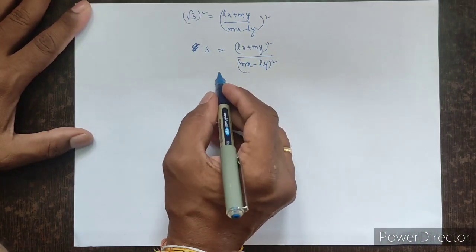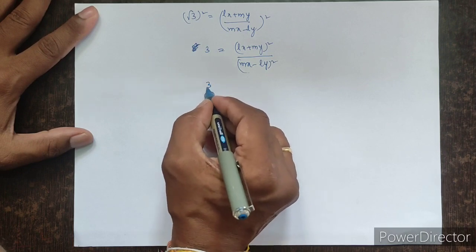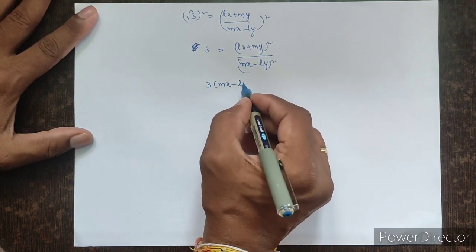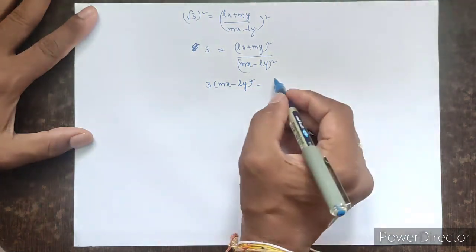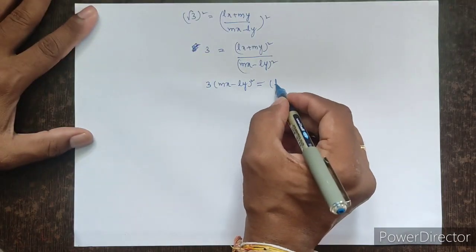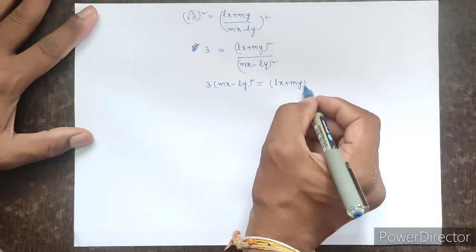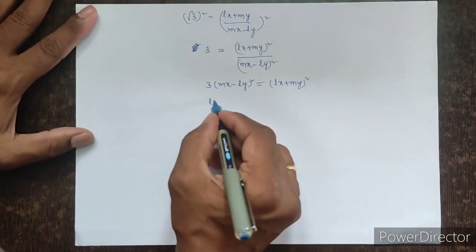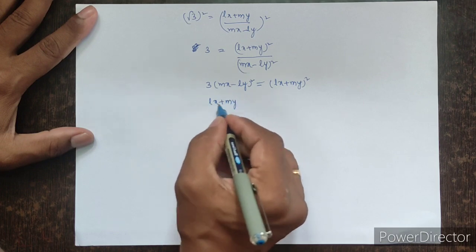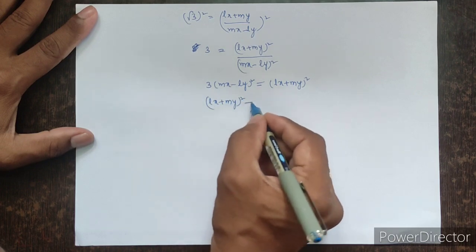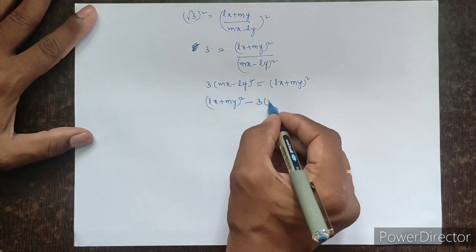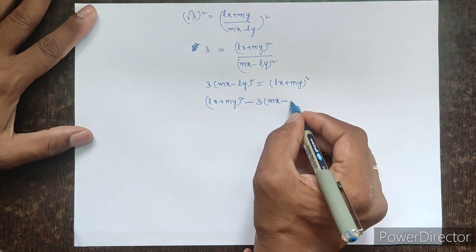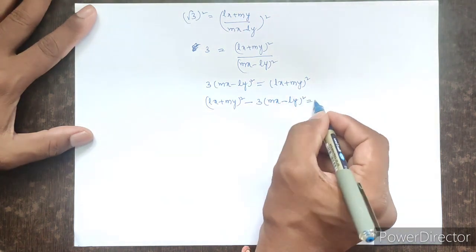So cross multiply: 3 of mx minus Ly whole square equal to Lx plus my whole square. That is Lx plus my whole square minus 3 of mx minus Ly whole square equal to 0.